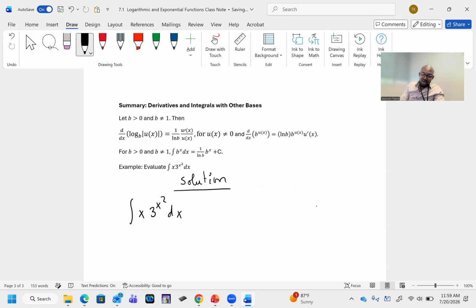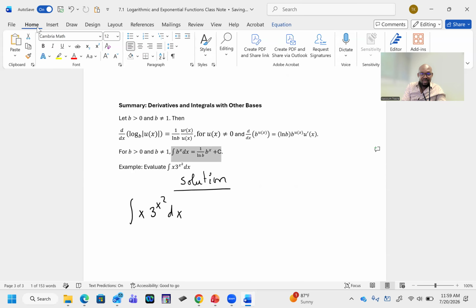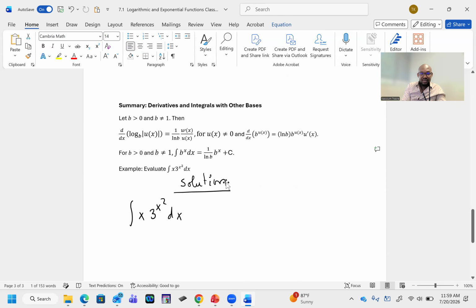So again, we already know this rule. The integral of b to the power of x is always what? 1 divided by ln of b times b to the power of x plus c. So if I know this, I can use that to find this one.